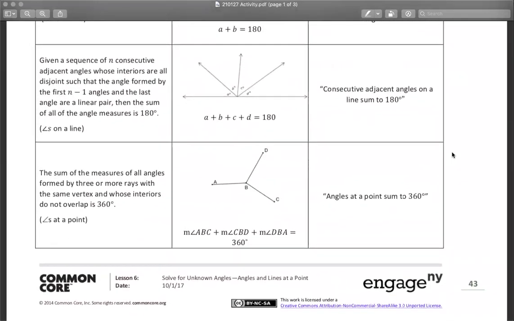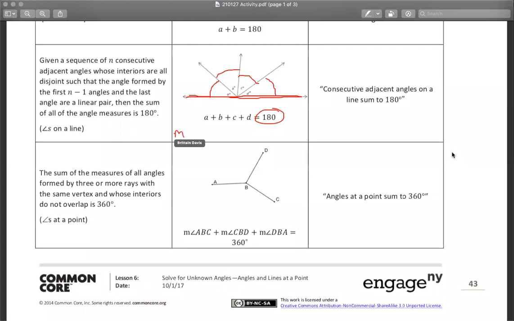This next one is kind of a weird thing, and almost you wonder, why do we need 2 rules here? But let's say instead of 2 angles, we've got 4 angles. And it doesn't have to be 4, it could be 3, 4, 5, 100. If we had a bunch of angles that all add up to a line right here, then it doesn't matter what these are, but combined, they're going to be 180 degrees.